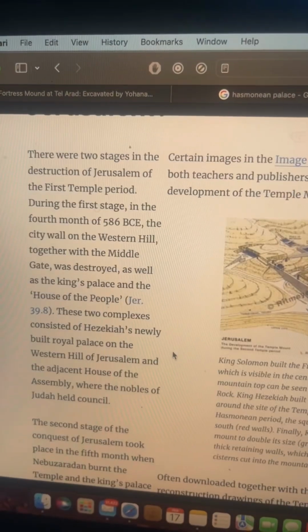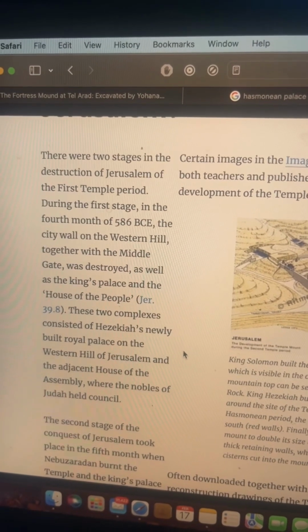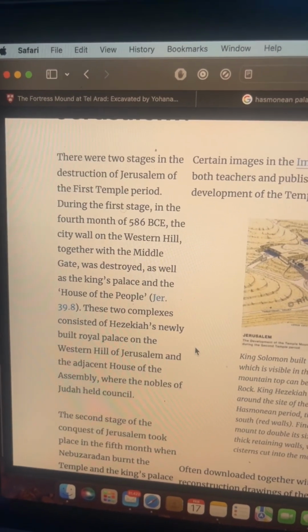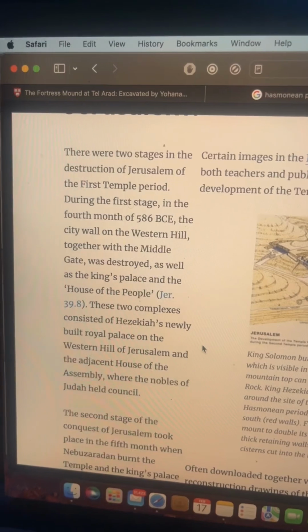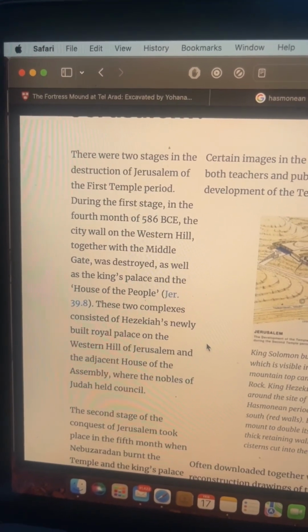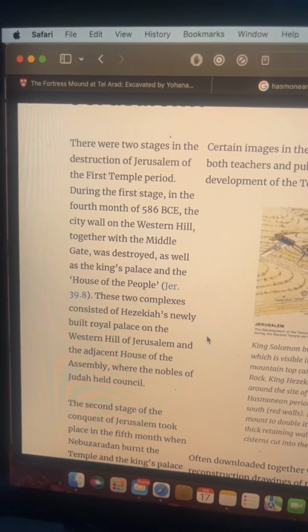It says there were 2 stages in the destruction of the Jerusalem of the First Temple period. During the first stage, in the 4 months of 586 BC, the city wall on the western side, on the western hill, together with the middle gate, was destroyed, as well as the king's palace and the house of the people.